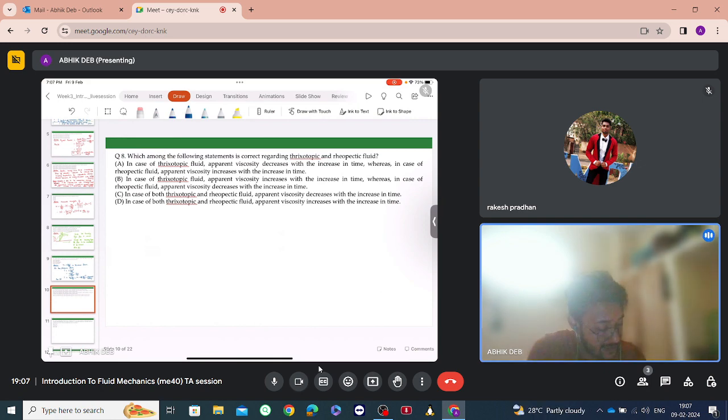So if we draw the stress-strain behavior of thixotropic and rheopectic fluids, we will see something like this. This is thixotropic, and this will be rheopectic.